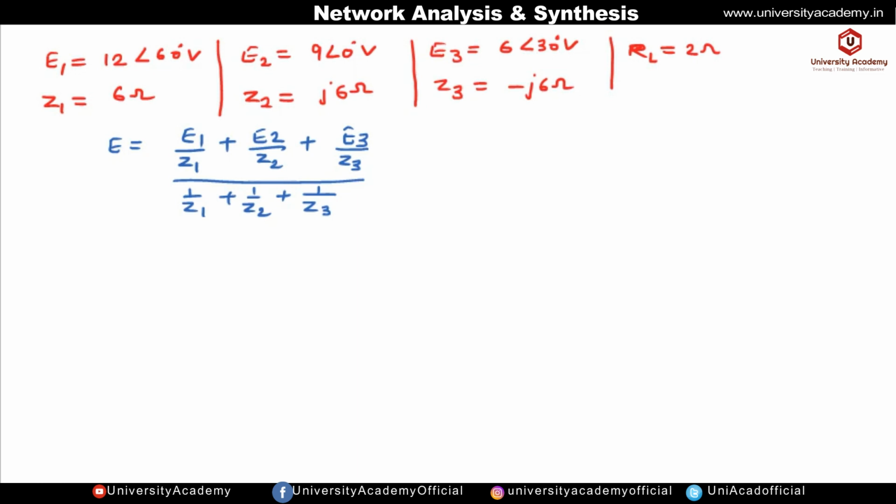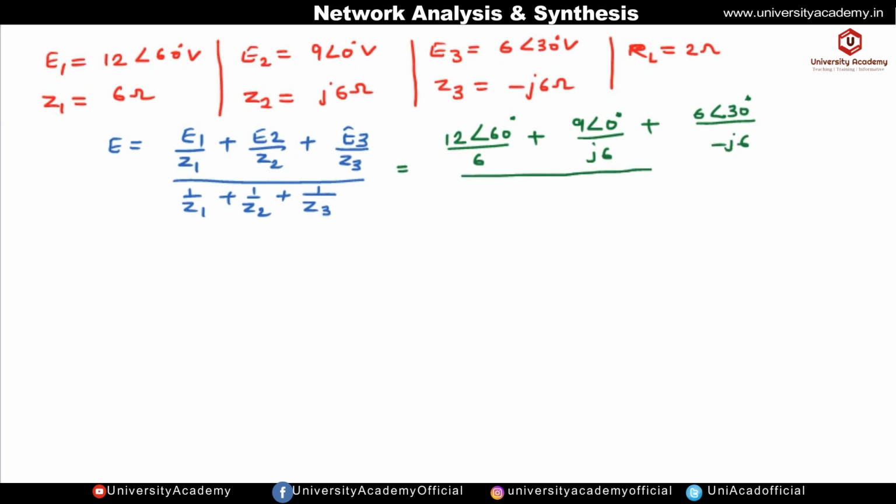So let us substitute the values of all the voltages and impedances in this formula. E1 is 12 angle 60 degree and Z1 is 6. Then E2 is 9 angle 0 degree by Z2, which is j6, plus E3, which is 6 angle 30 degree, by minus j6, divided by 1 by Z1, that is 1 by 6, plus 1 by j6 plus 1 by minus j6.